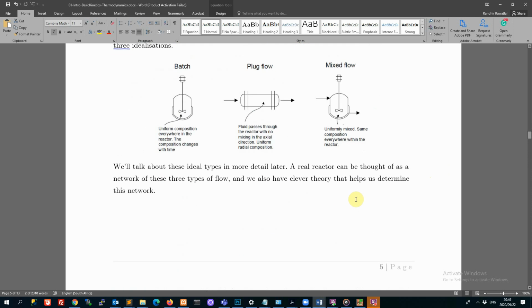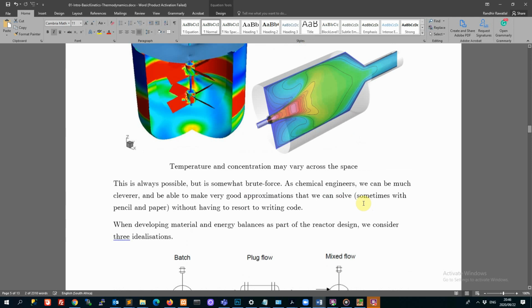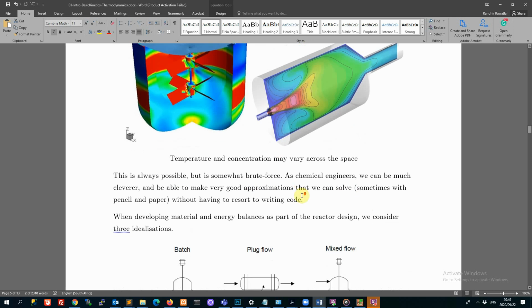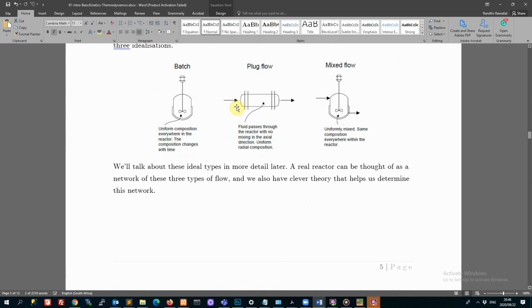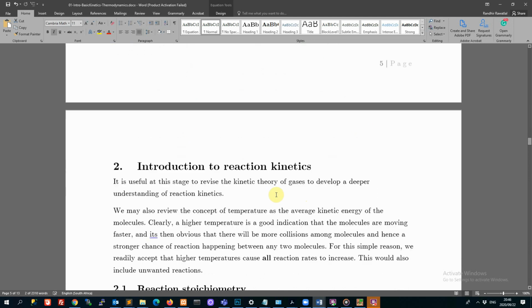So that's a large part of reaction engineering. Having the means to estimate where we can apply approximations, and through those approximations we can get very accurate estimates of how that reactor will perform, even without resorting to these brute force methods. So we'll be dealing with these ideal reactor types next week.